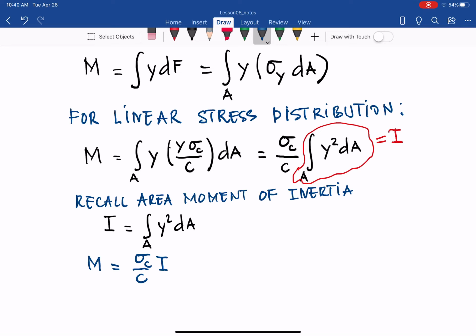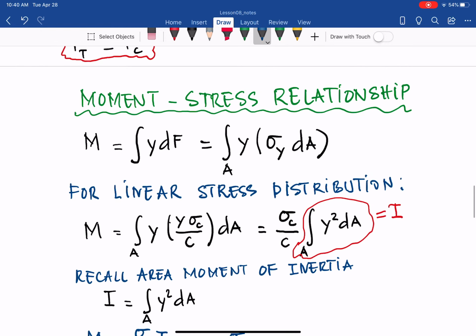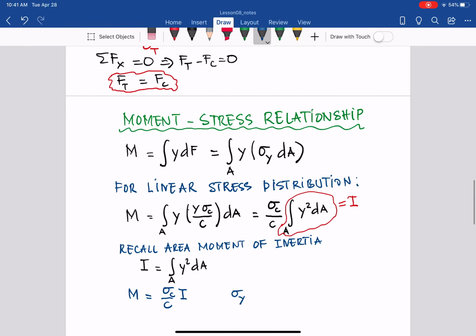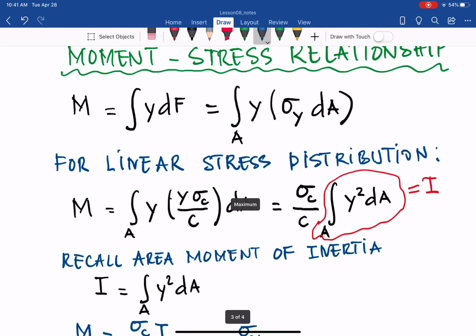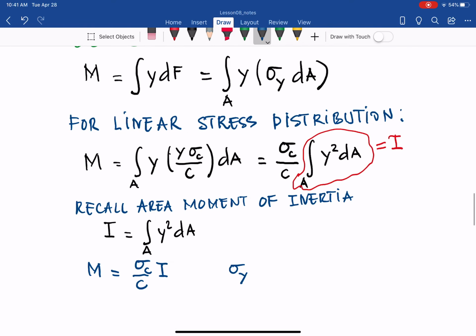And then from that, I also have sigma y. If I replace sigma y with y sigma c over c in that equation, I also have sigma y equal to the moment M times y, the distance from the neutral surface to the point I'm interested in, over the area moment of inertia. So those are the two very important equations for today's class.